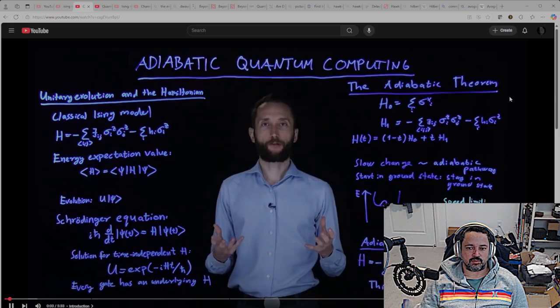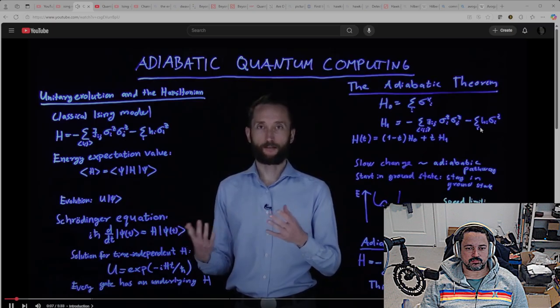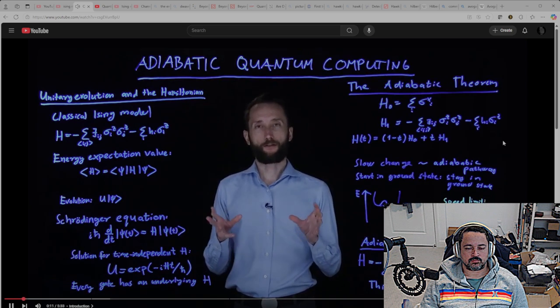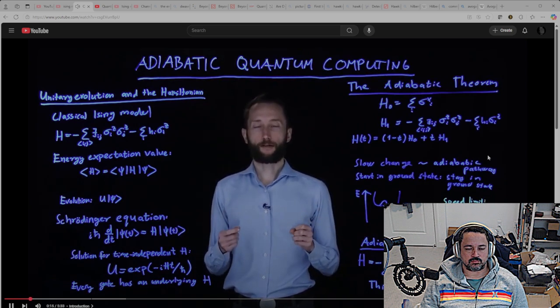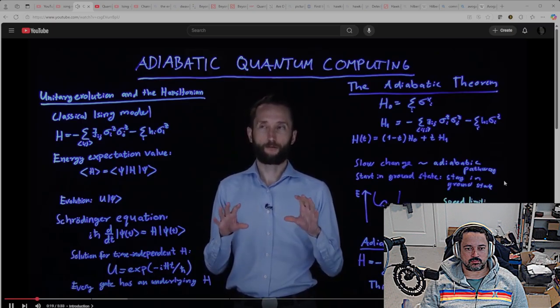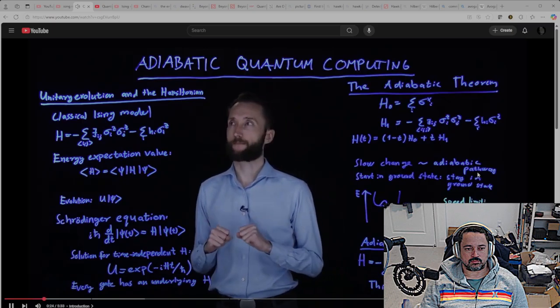Interesting. The gate model is a universal way of transforming quantum states into other quantum states. Today we are looking at a different model called adiabatic quantum computing, which can also achieve universal quantum computation, but to do this, we have to understand a bit more of the underlying physics.